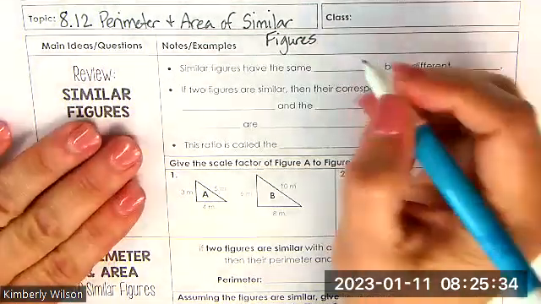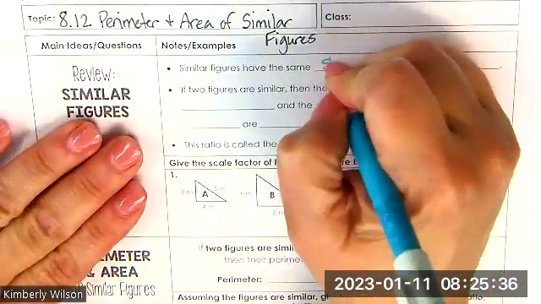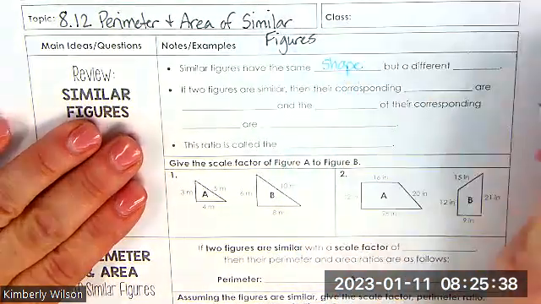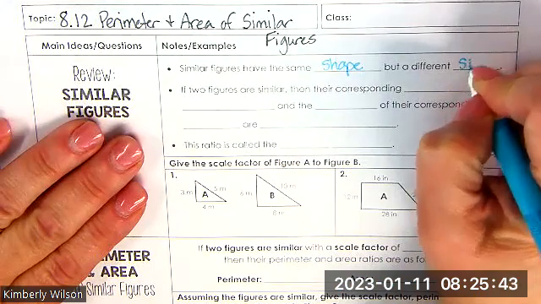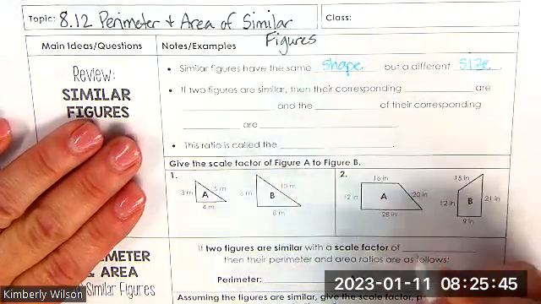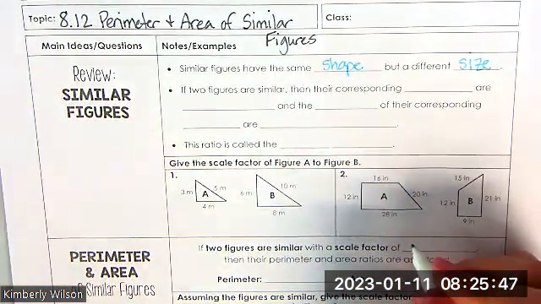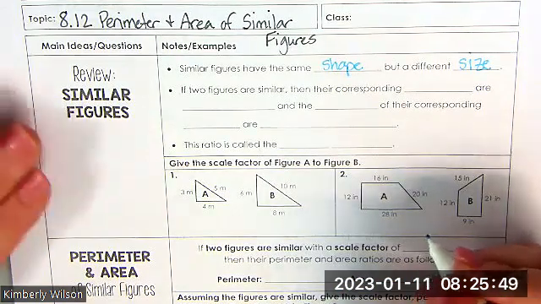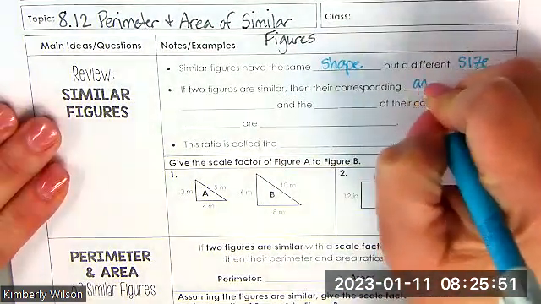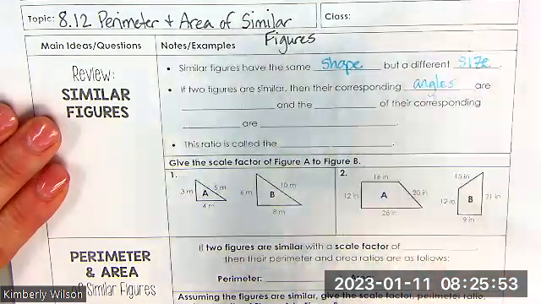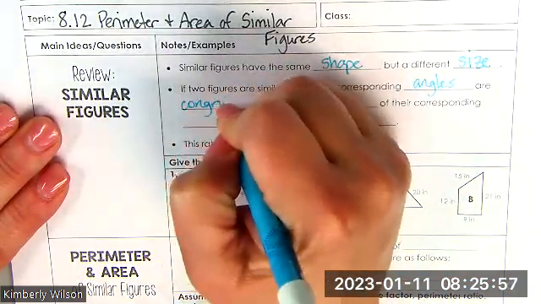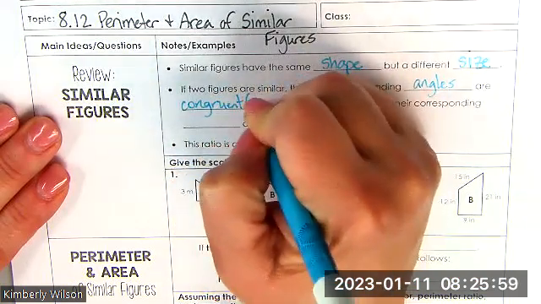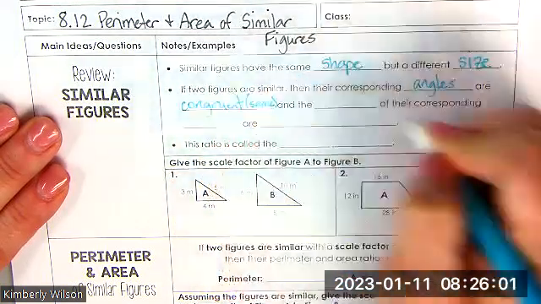Similar figures have the same shape but a different size. If two figures are similar, then their corresponding angles are congruent, which, remember, means the same.